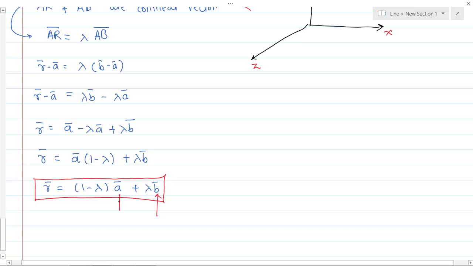Both A bar and B bar are lying on the line, and lambda is the parameter of the line. So this is known as the parametric form of the line. A and B are lying on the line.